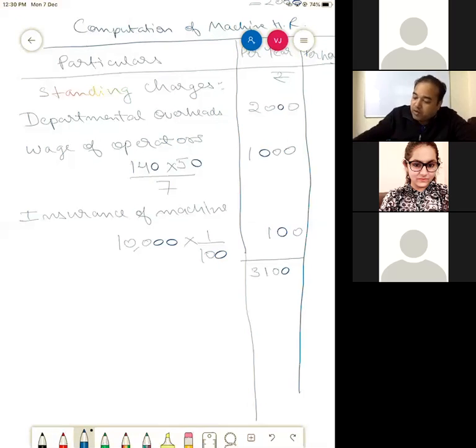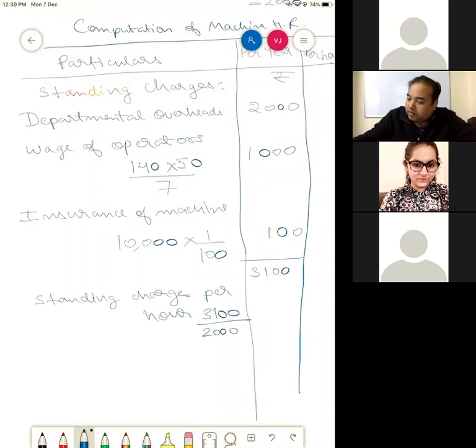Now you have to compute per hour. So compute standing charges per hour. How do you compute? You take this 3,100 divided by your working hours. Working hours we have computed, 2,000 working hours.